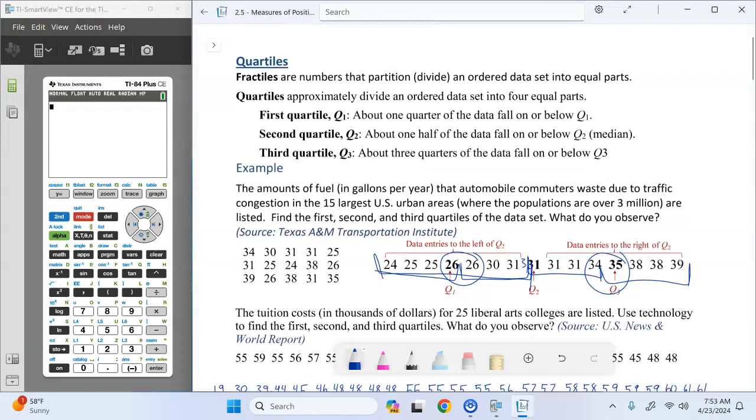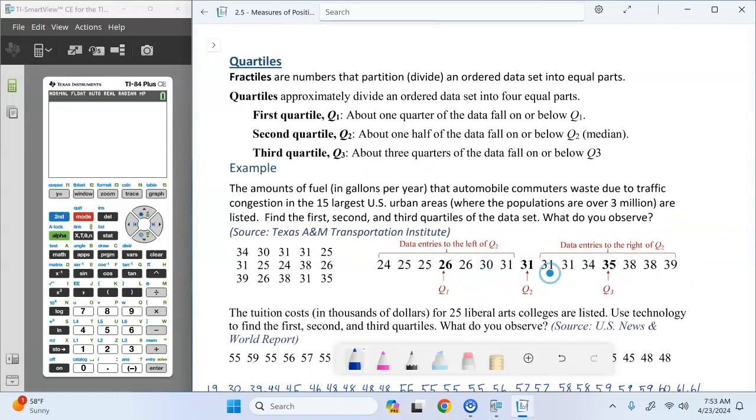All right? So what do we notice about gas wastage? What else? What does quartile 3 tell us? Not where most of them are.